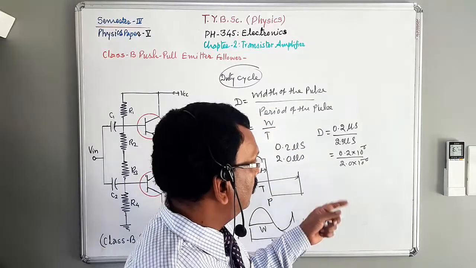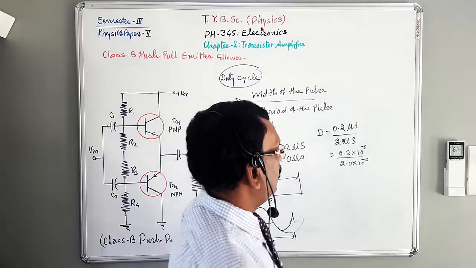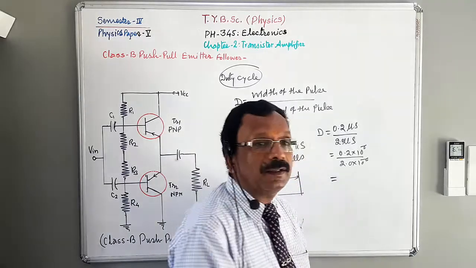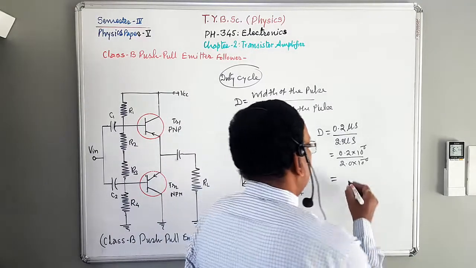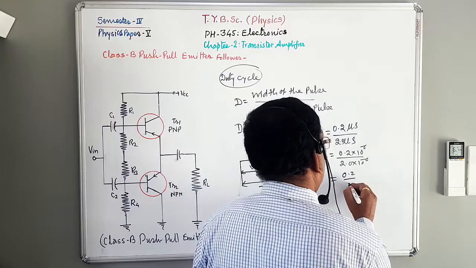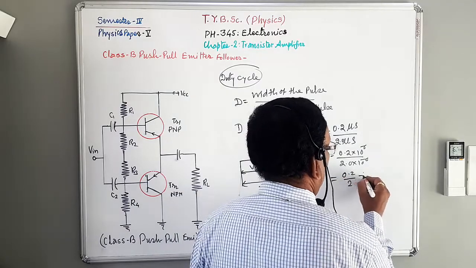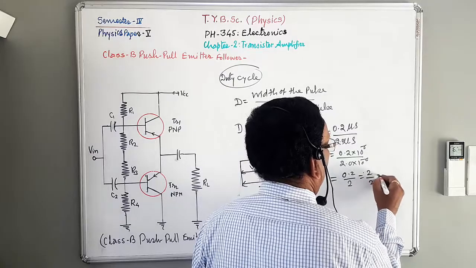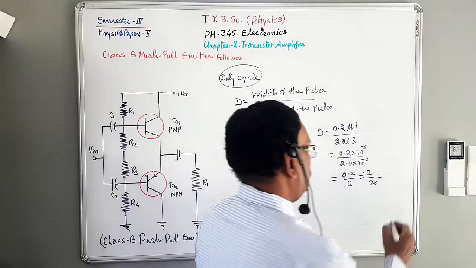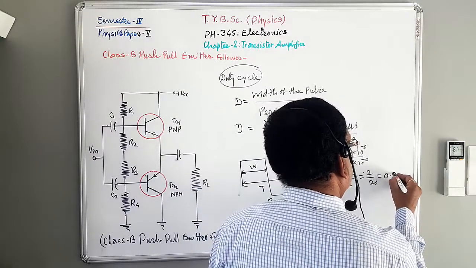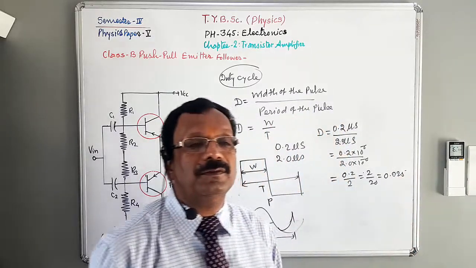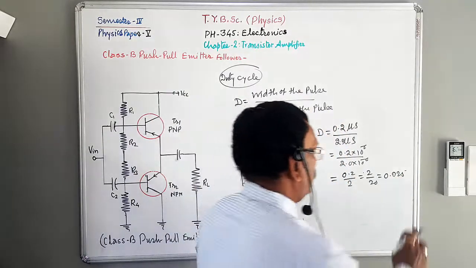Then obviously the duty cycle is 0.2 upon 2, which is nothing but 0.1.